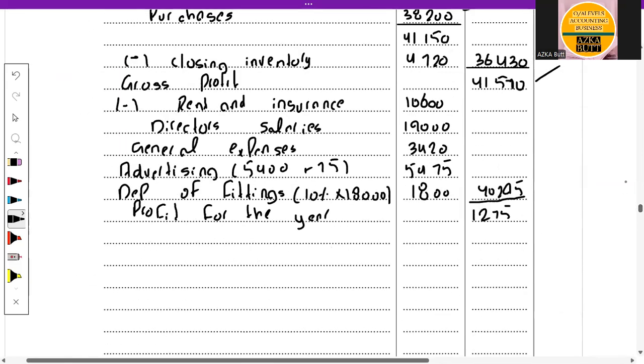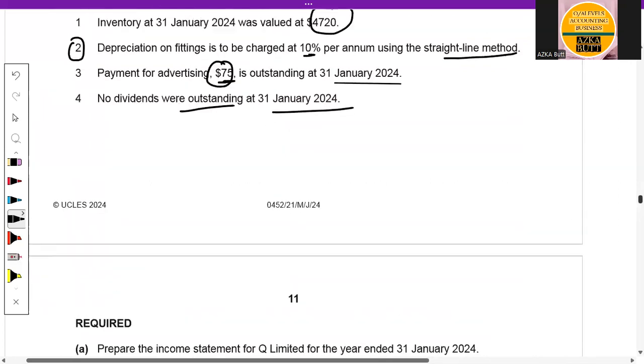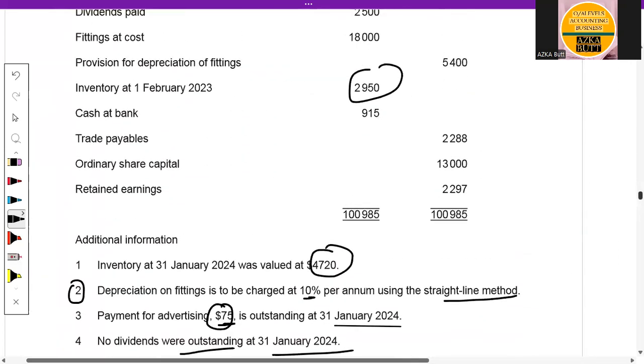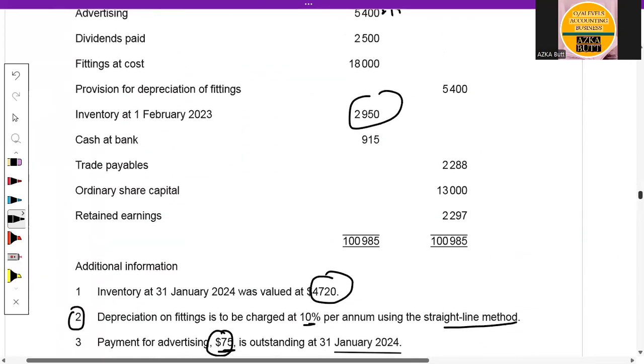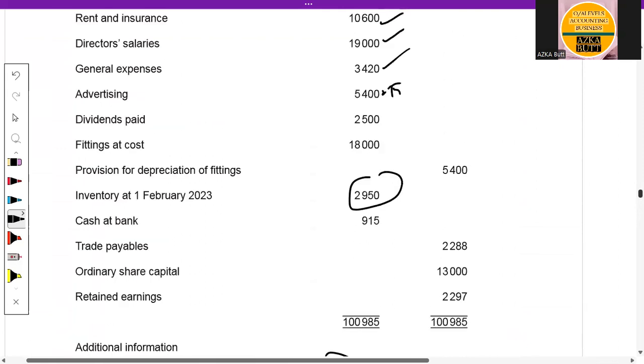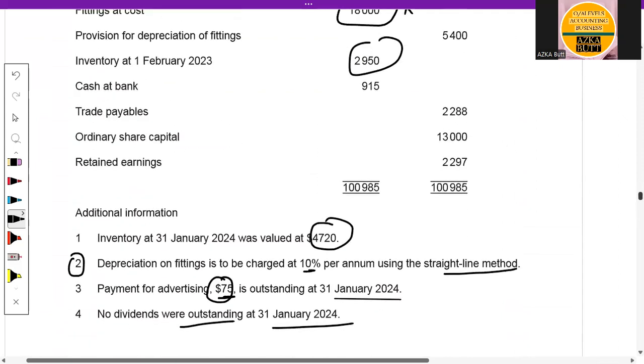Okay, and after that we have to write the depreciation for fittings, and it's on cost because they are using the straight line method. So that's why the depreciation rate would be applied on the cost. So fittings at cost is $18,000. So just multiply it with the 10%.